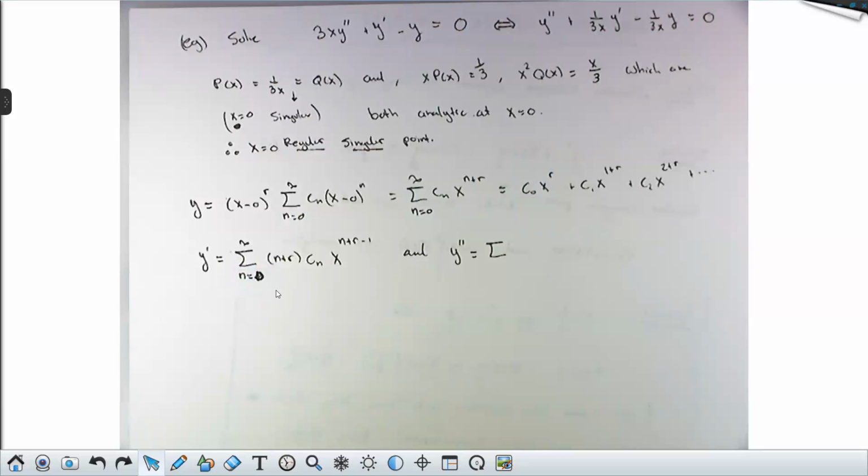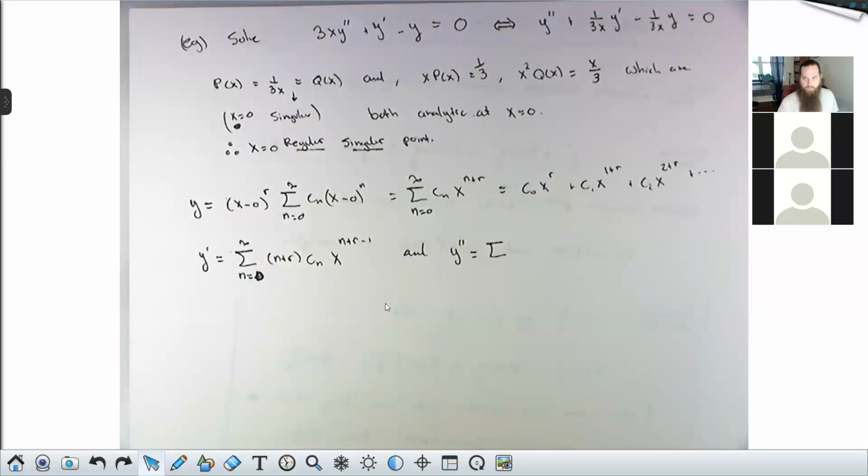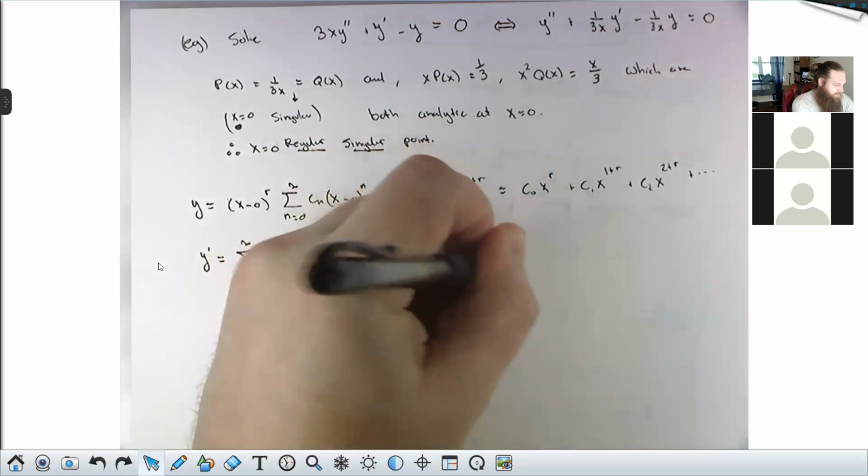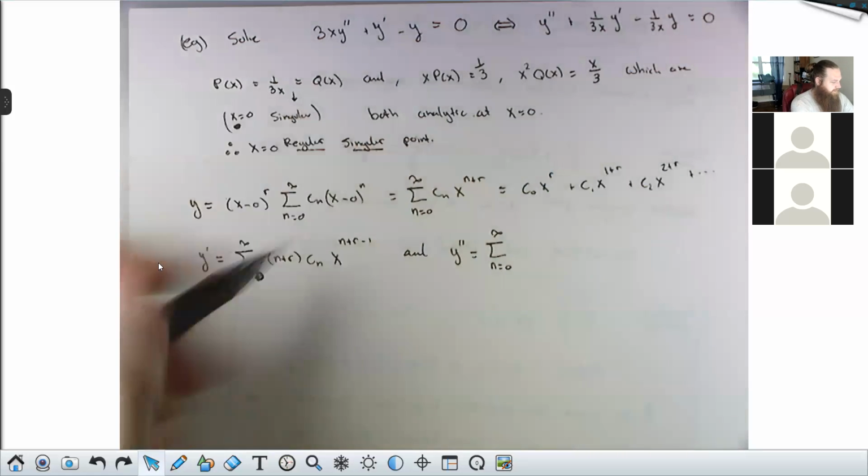That's got some advantages. It's going to make part of our job easier. Everybody understand why this is staying a 0? Okay. So it'll stay a 0 when I differentiate again.